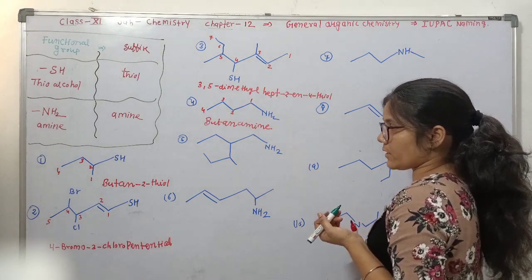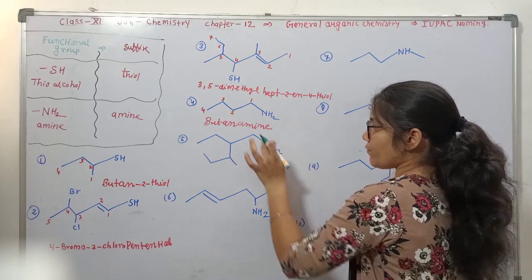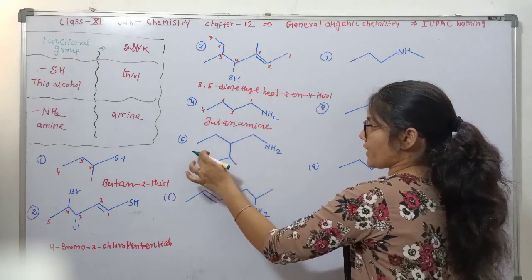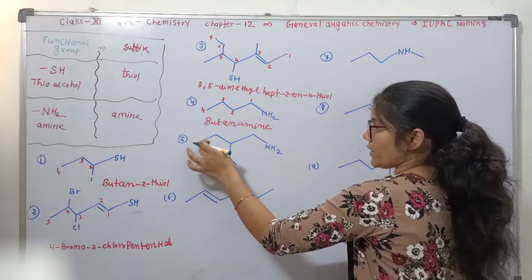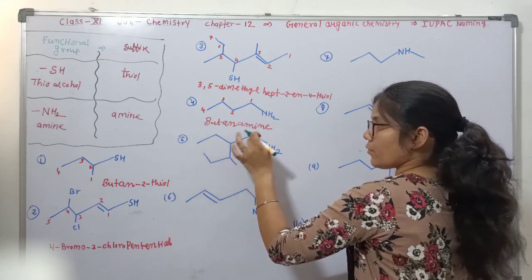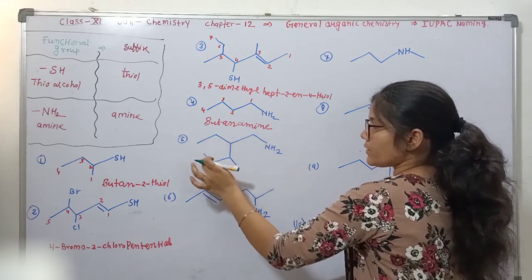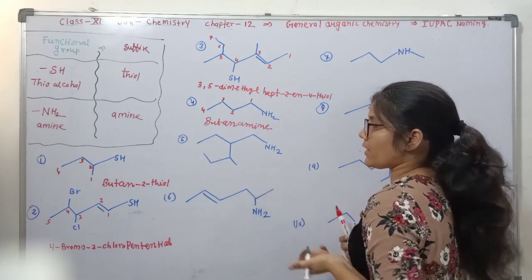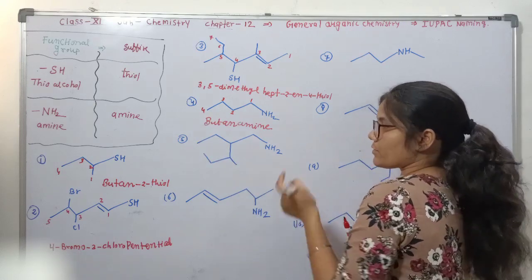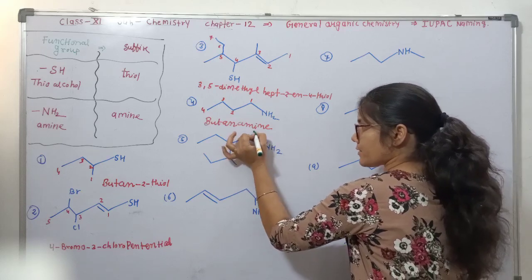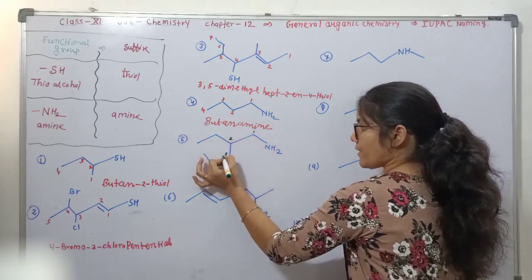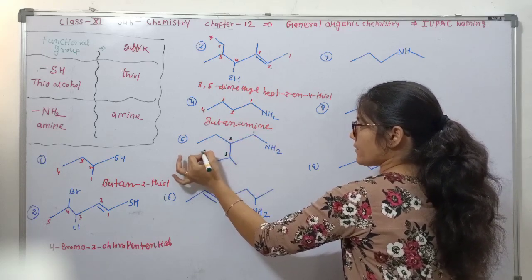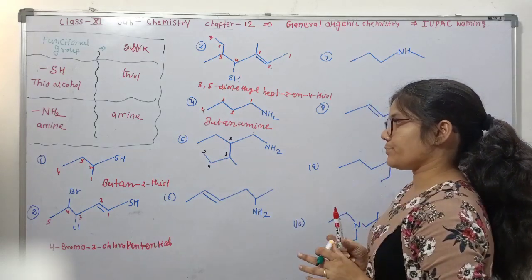You have to find the longest carbon chain. So we'll have 1, 2, 3, 4, 5. Okay, 1, 2, 3, 4. 1, 2, 3, 4, 5, 6. But this chain is not having the functional group. So we'll go for the chain having 5 carbons and the functional group.